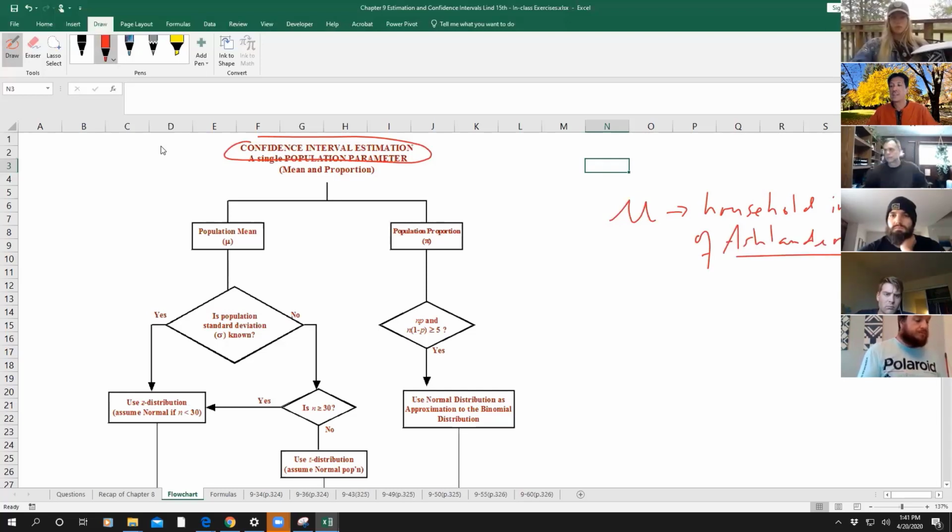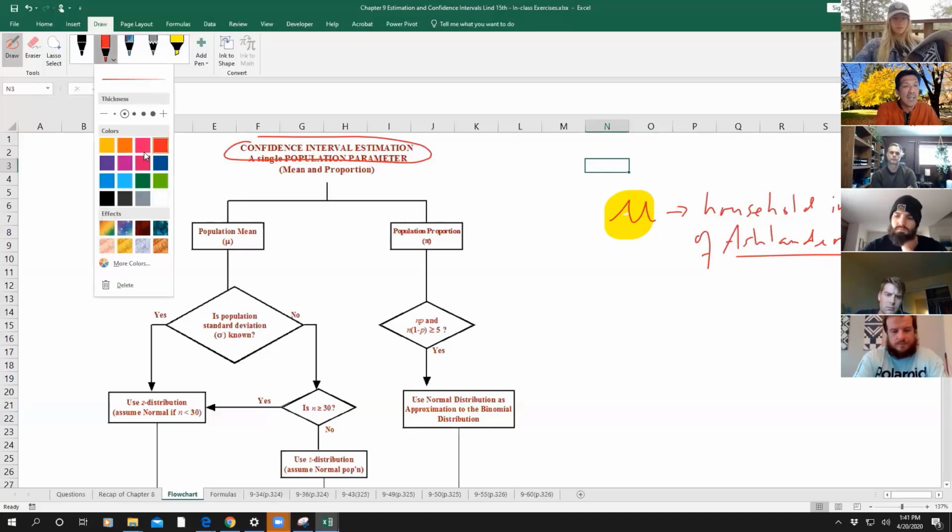If you are interested in knowing the true annual household income of Ashlanders, you can do some research, maybe look at the statistical abstracts of the United States, or see if the Ashland Chamber of Commerce has this information available.